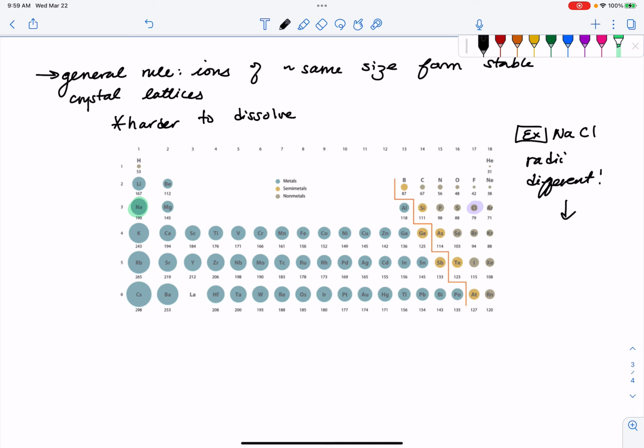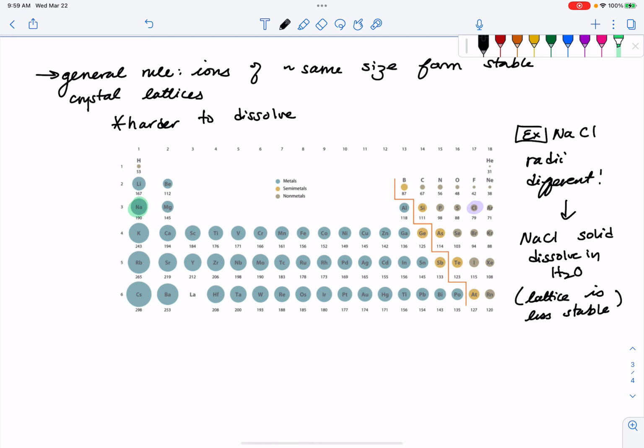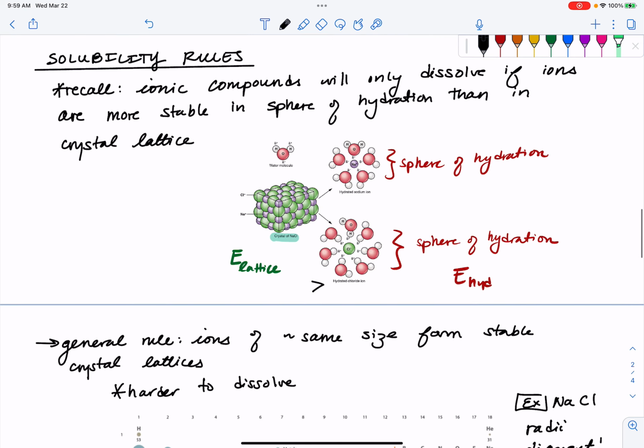Because of this difference in size, this is why the sodium chloride crystal solid will dissolve in water, because that lattice, or that coupling of ions in the solid structure, is not quite as stable as those ions would be when they are hydrated here.